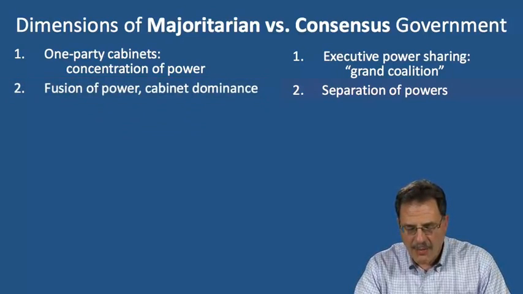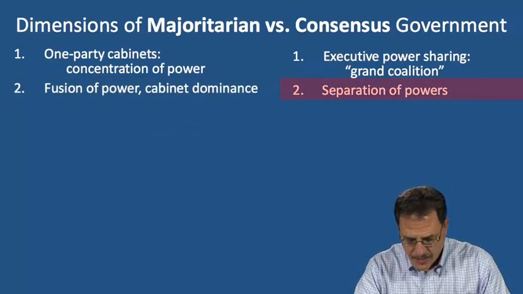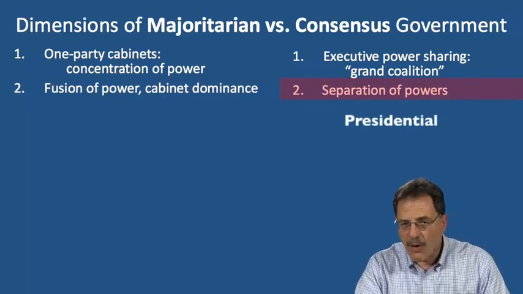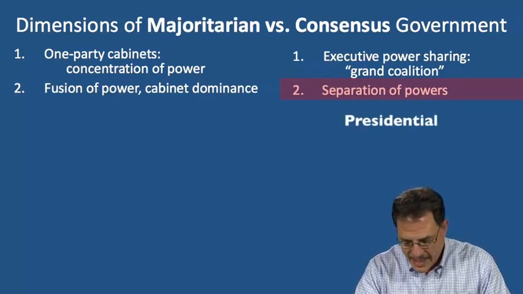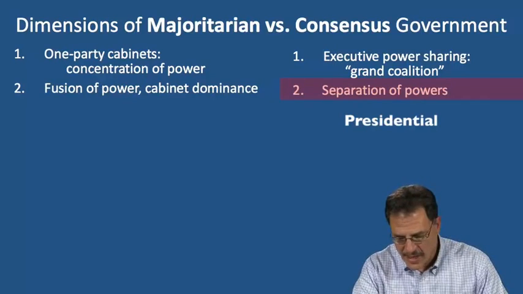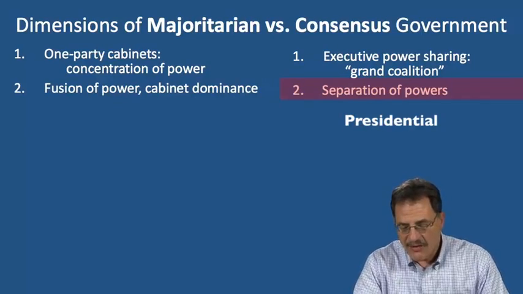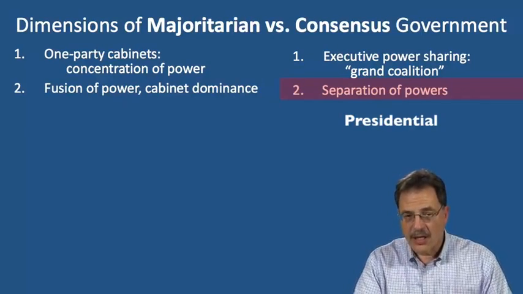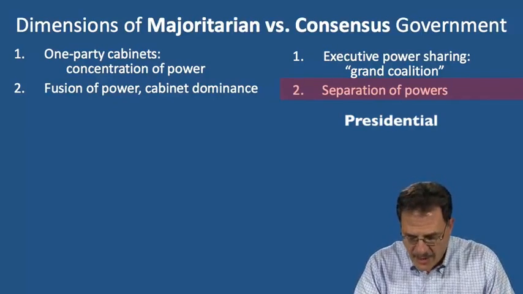Whereas in a presidential system, there are independent powers for the Congress and the president. And the president cannot simply will his way to legislation, because even if he has a majority in Congress, his own party may defy him.